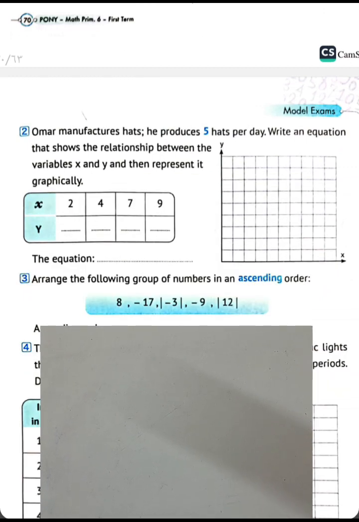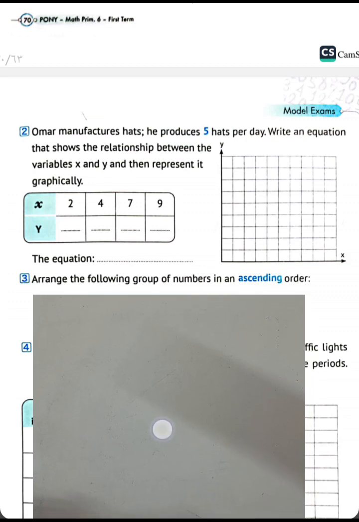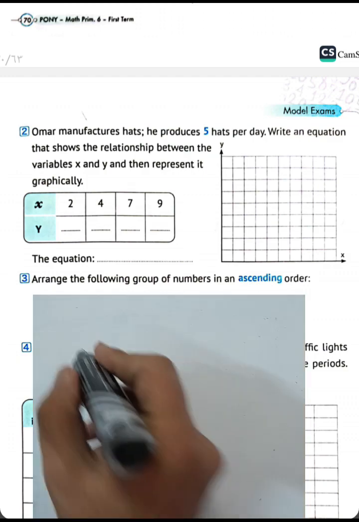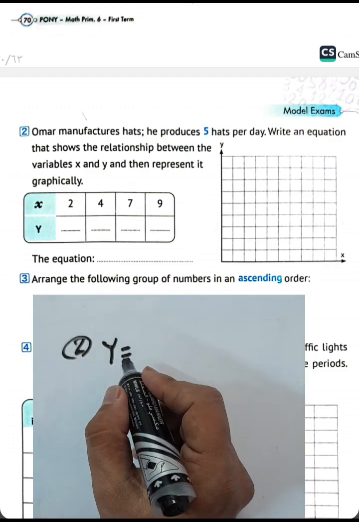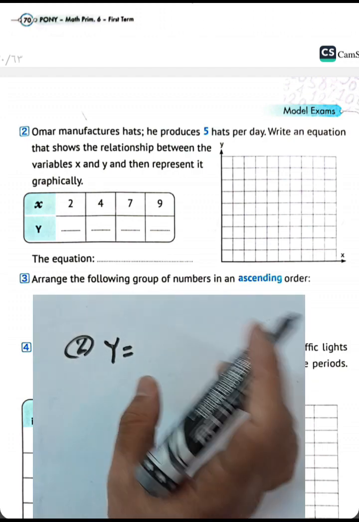Find the relation between y and x. Y equals 5 times x. 5 hats per day, so it will be 5x.